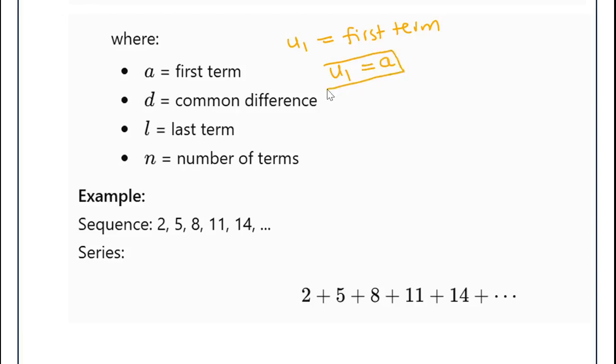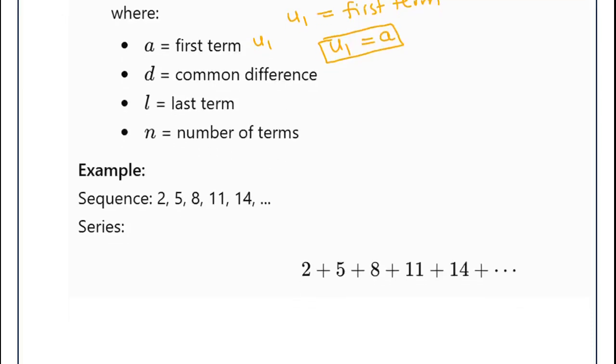These two can be used interchangeably. They are the same. So if you see a, that is the same as the first term u1. And then by defining terms here, the d that we see in the formula is for the common difference. l is the last term, n is the number of terms.